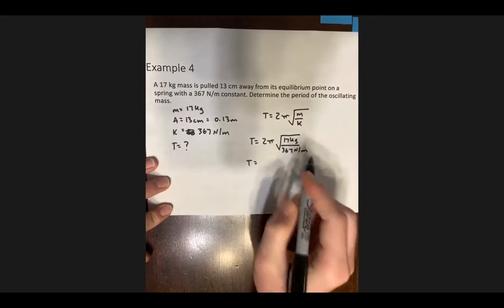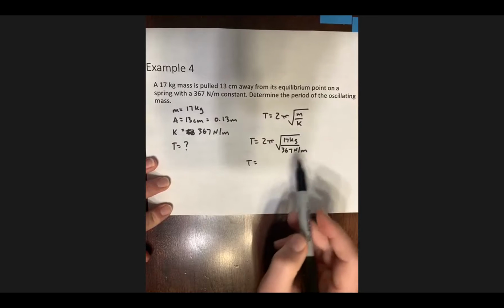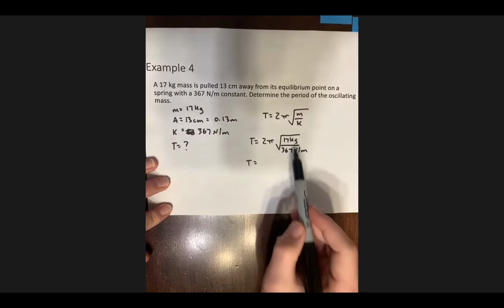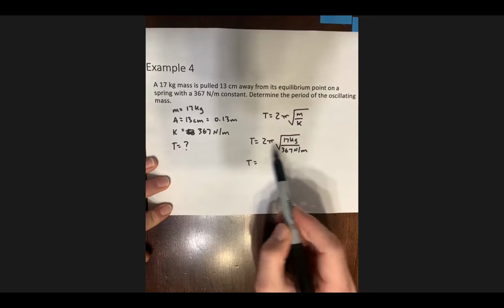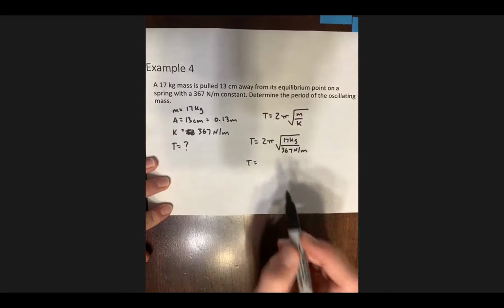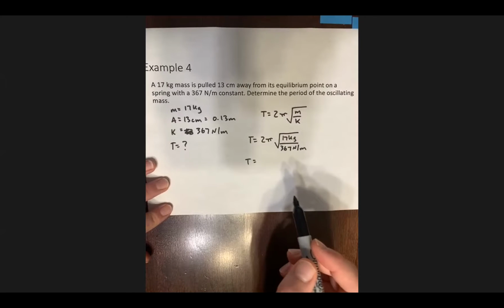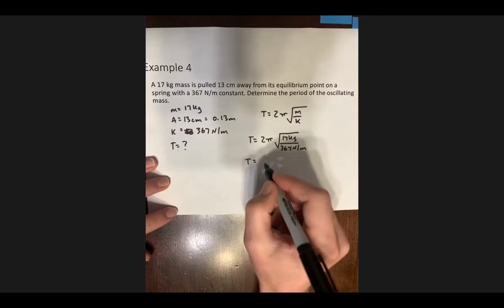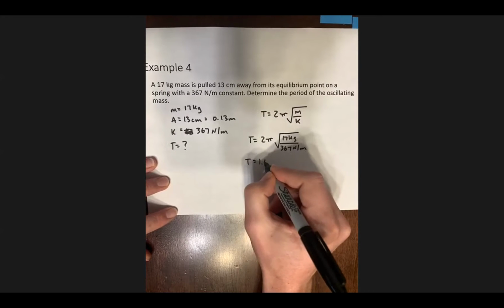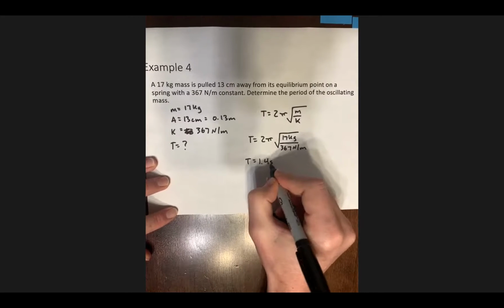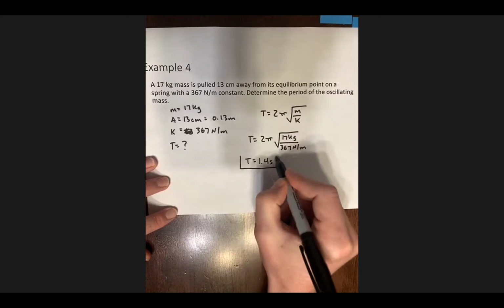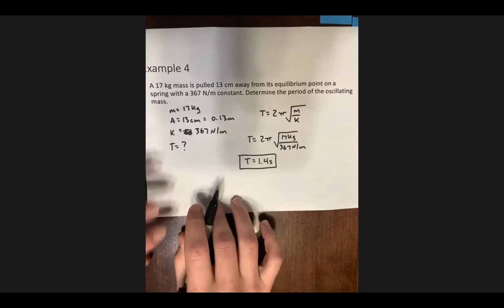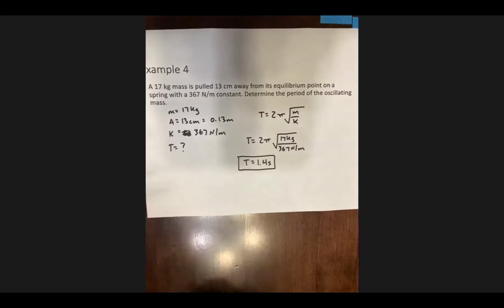Okay, be careful when you're entering this into your calculator. Make sure you take the square root of 17 divided by 367 and then multiply by that. Okay, so just be careful with our brackets there. So if you punch those into your calculator and round with sig digs, you should get a period of 1.4 seconds. Okay, perfect.